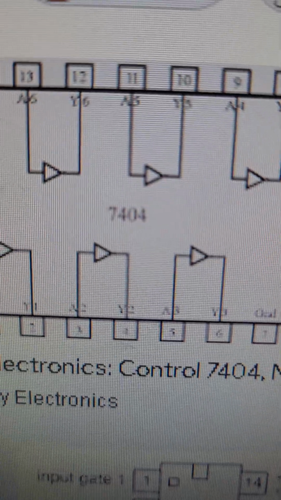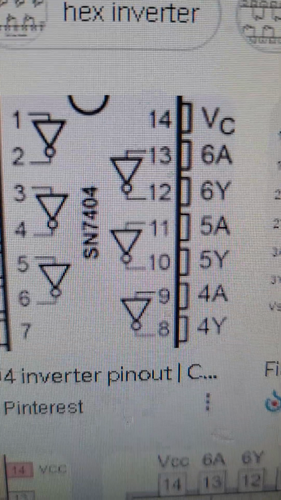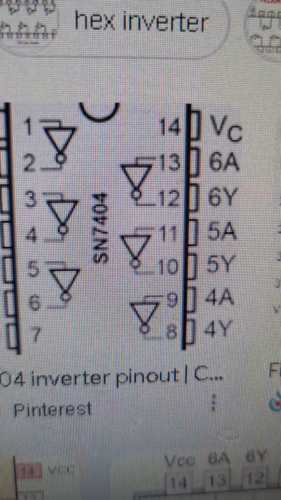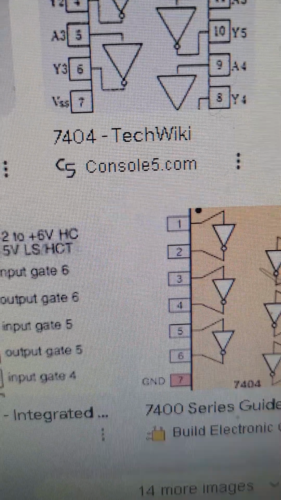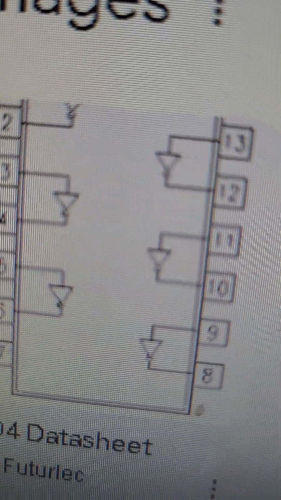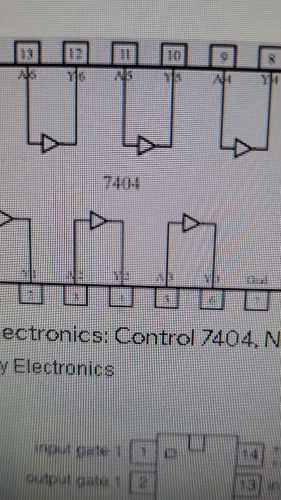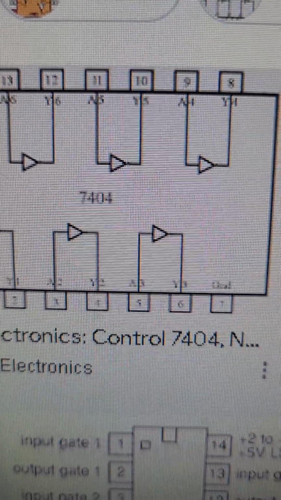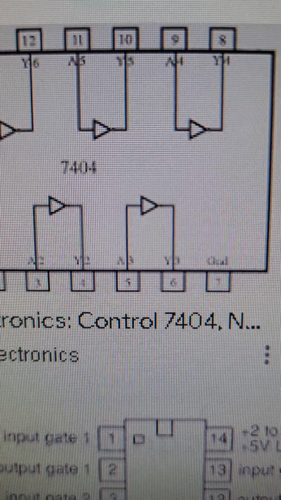But they don't put a bubble here. It's like a buffer. No, that's wrong. This one is correct, right? That's 7404. Same also this one. That's 7404. So again, for me, this is wrong because they don't put a bubble at the end of the triangle, a lying triangle.